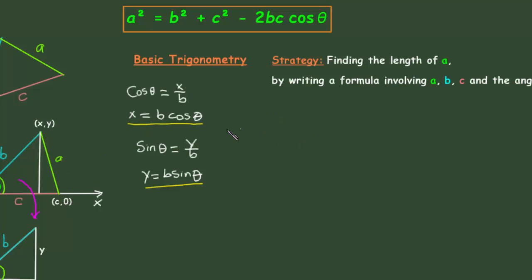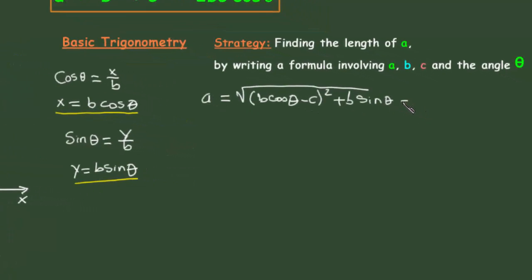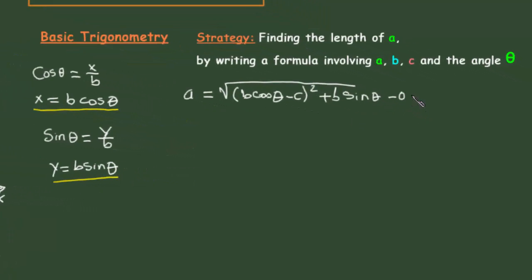If you write it out, we're going to say a equals a big square root of the difference between the x values of this point and that point, that would be b cosine of theta minus c, both squared, plus the difference between the y values, which is b sine of theta minus the y value here, which is 0, and these two also squared.